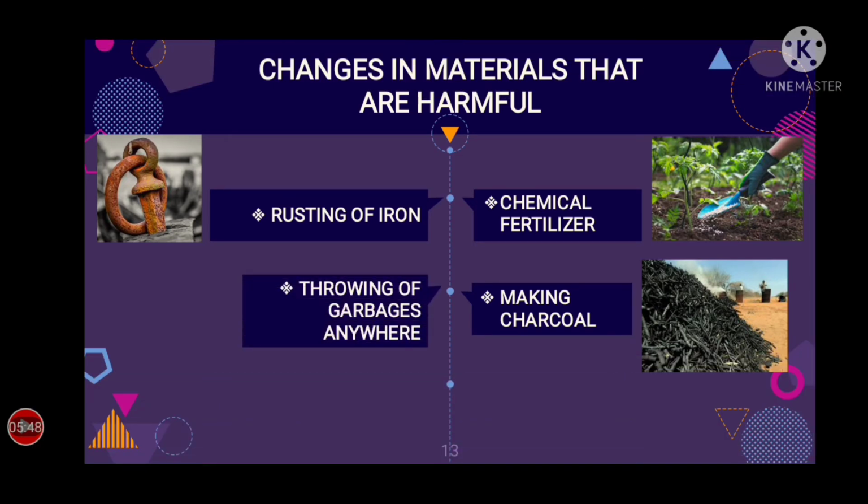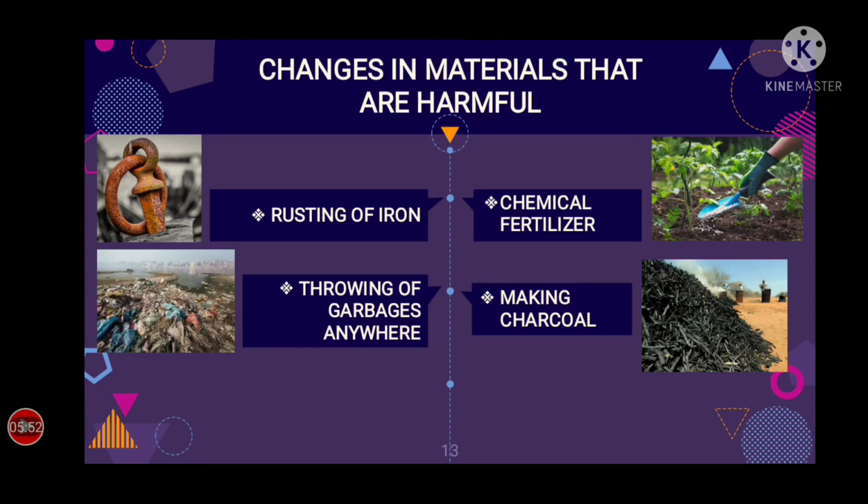Another one is throwing of garbage anywhere. What changes in materials make this harmful? Before, when we use plastic, it is still useful. But when we throw plastic everywhere, then it becomes harmful, especially to our environment.